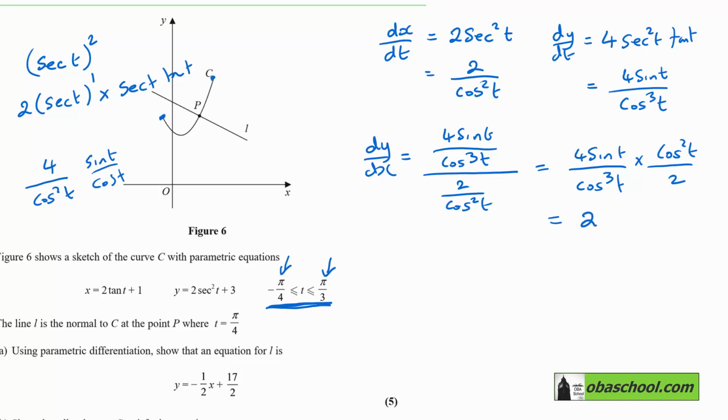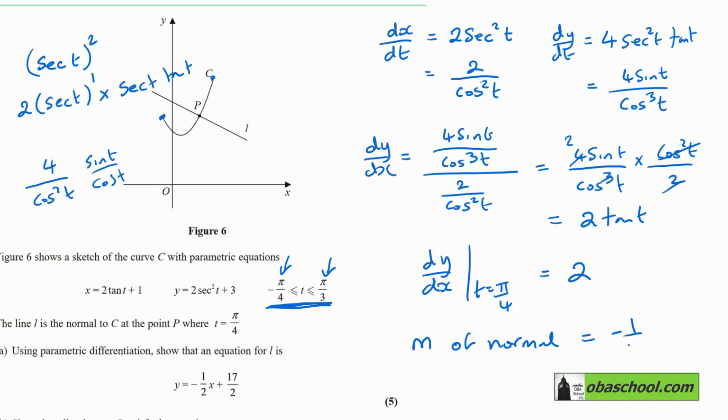Simplifying that gives us 2 tan t. Cos squared will cancel with some of those, 2 will cancel with that, like so. And so dy/dx, given that t is equal to pi by 4, is going to be 2, tan of pi by 4 being 1. And that means the gradient of the normal is going to be negative 1/2.